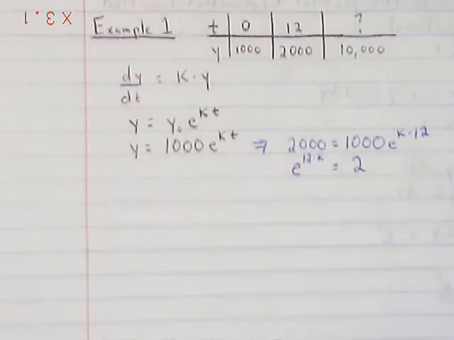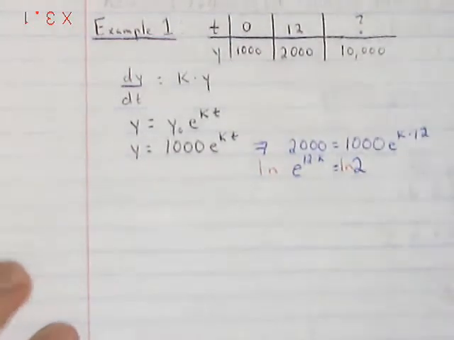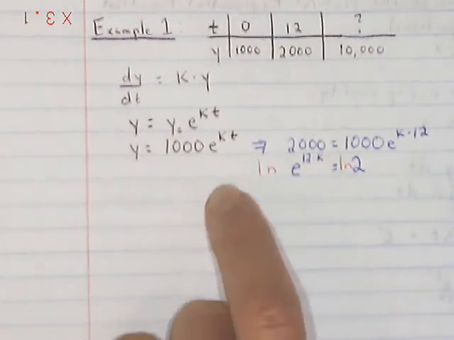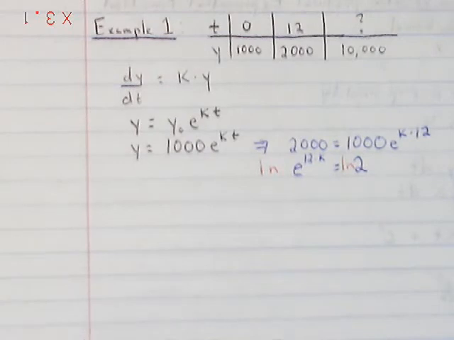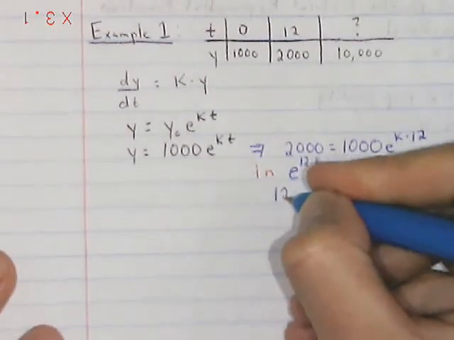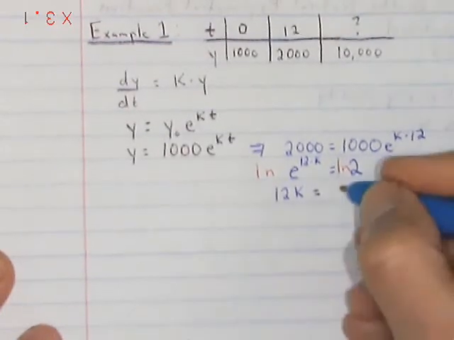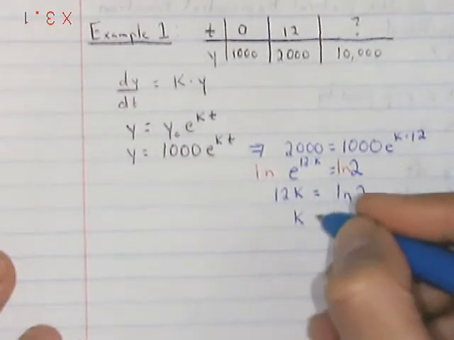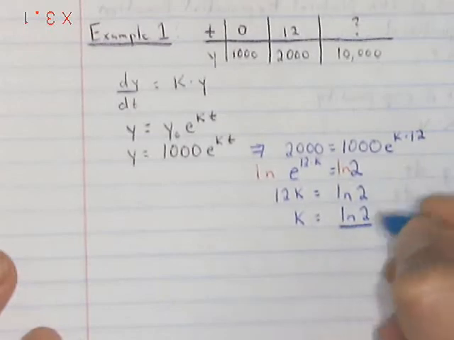Then we're going to ln both sides. Ln both sides. Lning this side, we're going to drop that down. Ln of e is just 1. So we get that 12k is equal to the natural log of 2. And so k is equal to the natural log of 2 divided by 12.